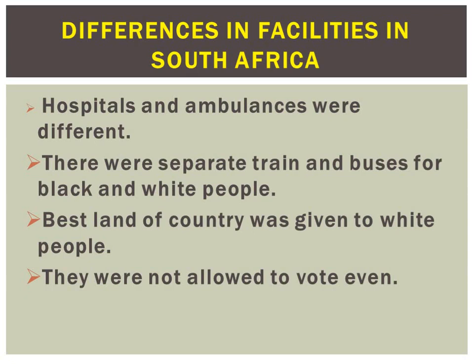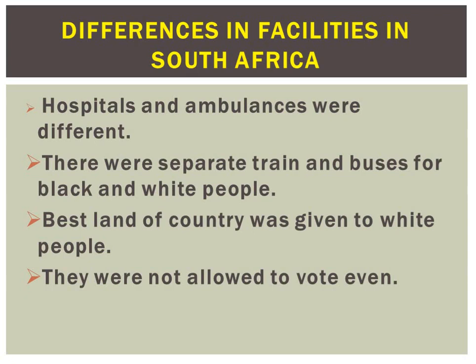The white people were using well-equipped ambulances, but the black people were not allowed to enter these hospitals and ambulances. They had separate ones. There were separate trains and buses for black and white people. Even the bus stops were different for them.